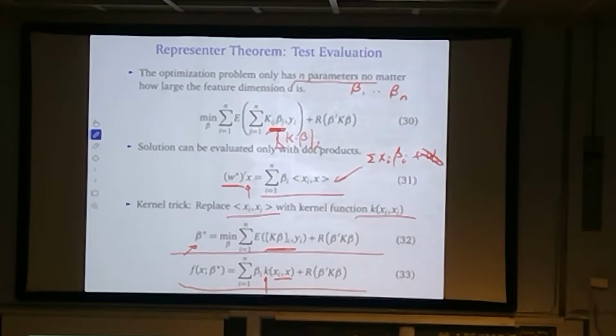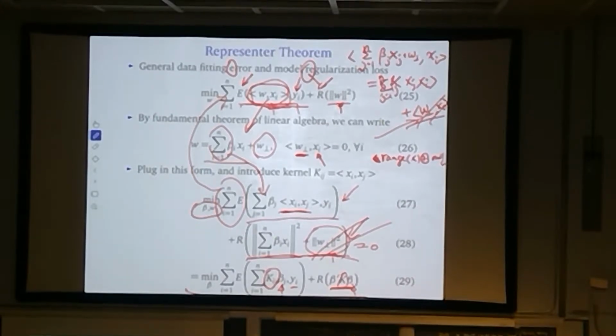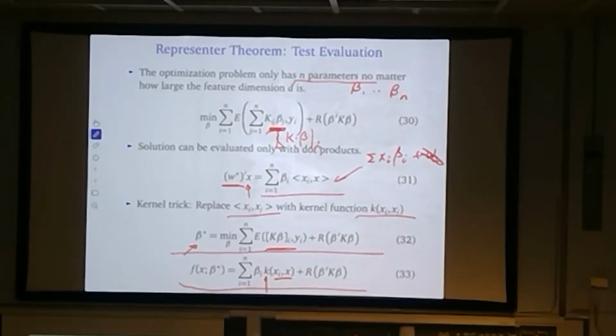So long as it takes this form, where it's only determined by the inner products between the model and the instance, and the norm of the model parameters, then this kernel trick also applies.